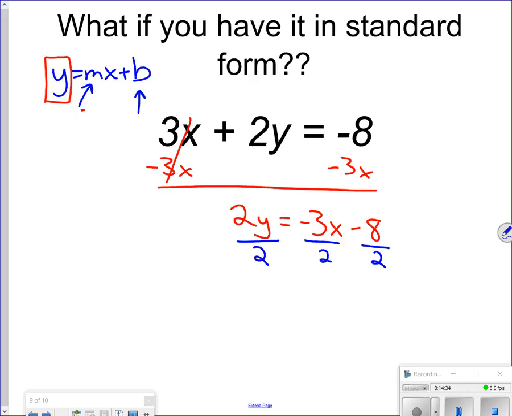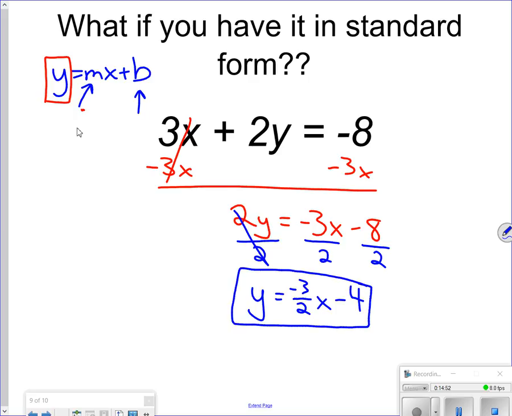Notice that that's just with dividing because you have to do it to the whole side, right? So I'm left with y equals negative 3 over 2x minus, now 8 divided by 2 gets me 4. And there we are. Notice I have now my slope right there for me. I've got my y-intercept right there for me. And again, I can jump to it and graph.